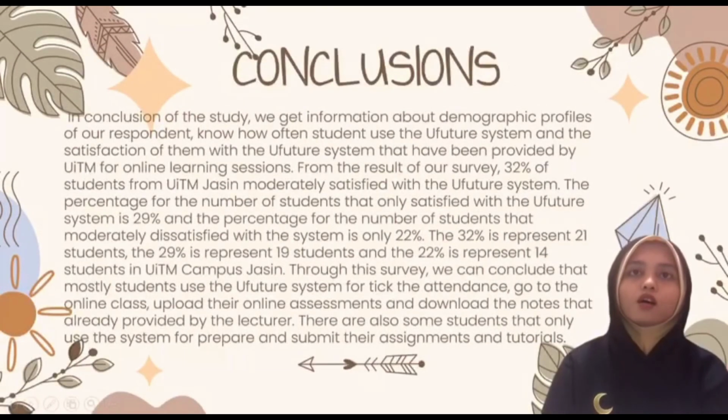In conclusion of the study, we get information about the demographic profiles of our respondents, know how often students use the UiFuture system, and their satisfaction with the UiFuture system that has been provided by UiTM for online learning sessions. From the result of our survey, 32% of students from UiTM Jasin are moderately satisfied with the UiFuture system.